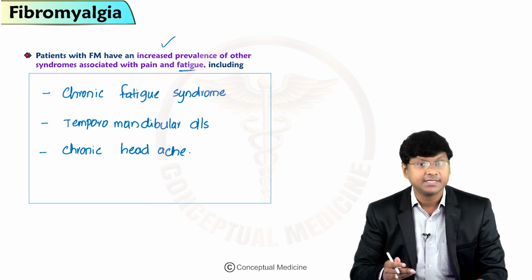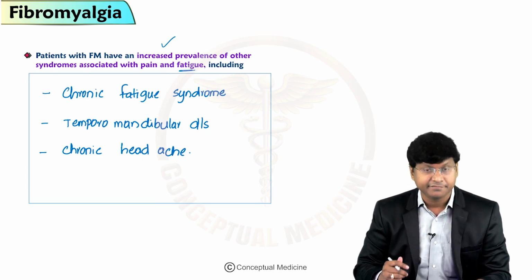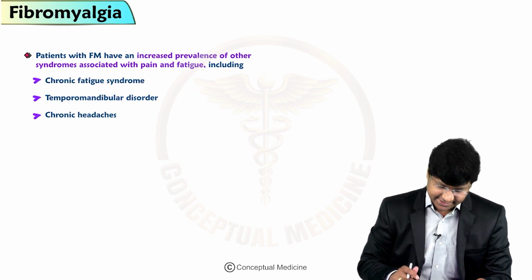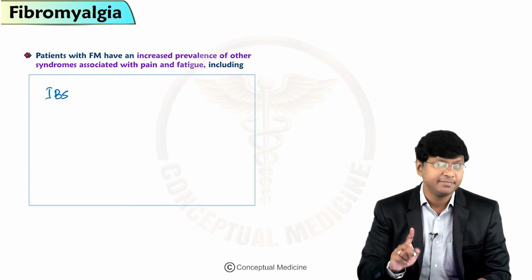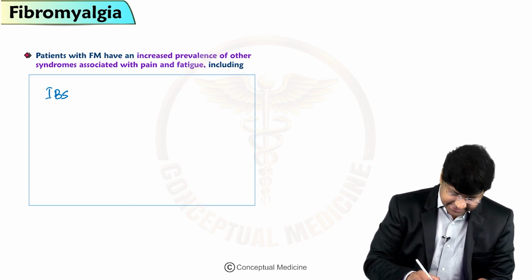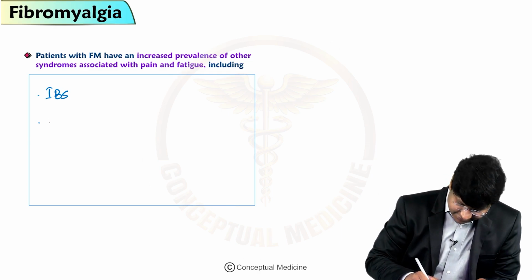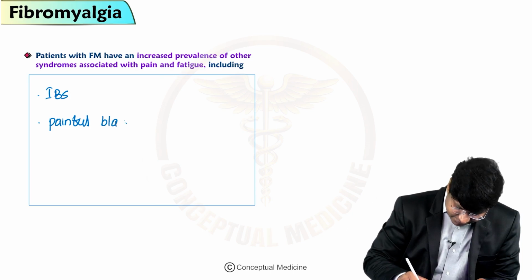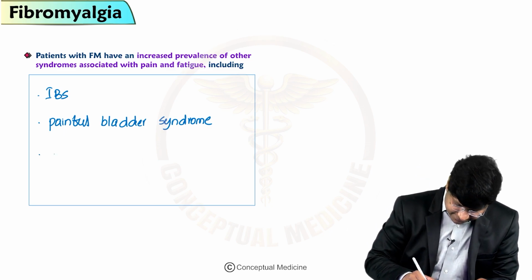So these are the other syndromes associated with fibromyalgia, and we have a few more. That includes irritable bowel syndrome, not inflammatory bowel disease, it is irritable bowel syndrome. Then the individual can also have painful bladder syndrome, and lastly, other pelvic pain syndromes.